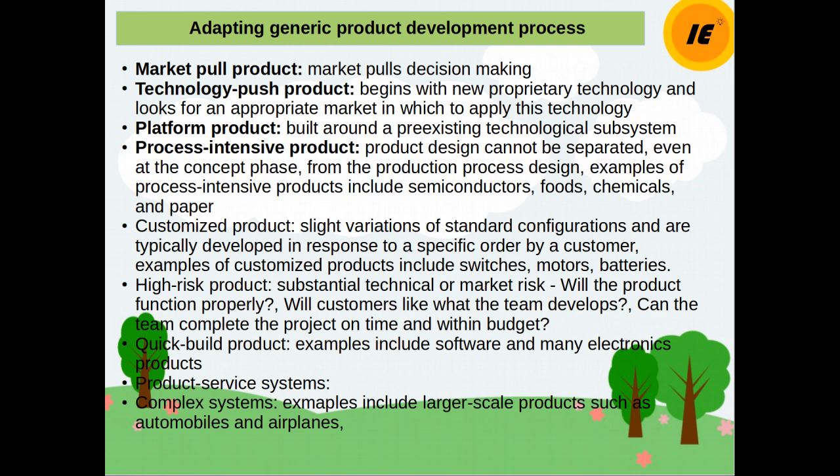The fourth example of a product type is the process intensive product. Examples of process intensive products include semiconductors, foods, chemicals, and paper. For these products, the production process places strict constraints on the properties of the product so that the product design cannot be separated, even at the concept phase, from the production process design.